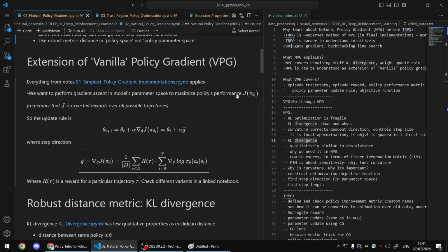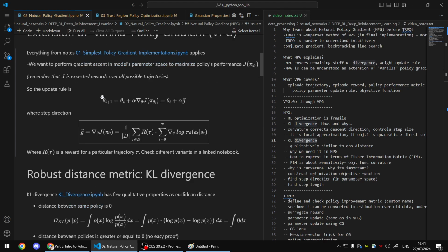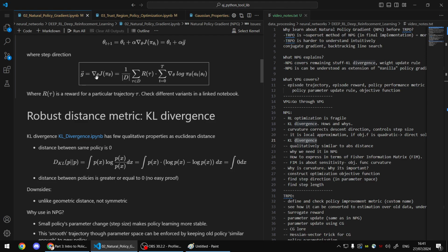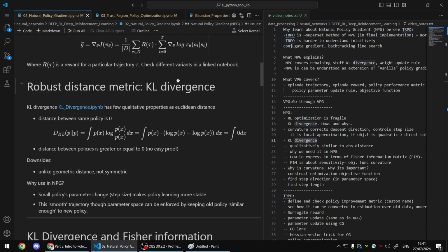Which we will do. Okay, we start with the place where vanilla policy gradient left off. We have an update rule with some kind of step, learning rate, step size, whatever you call it, and the definition of the gradient, which I will call G, just to be shorter. The meat of this algorithm is to use a KL divergence.